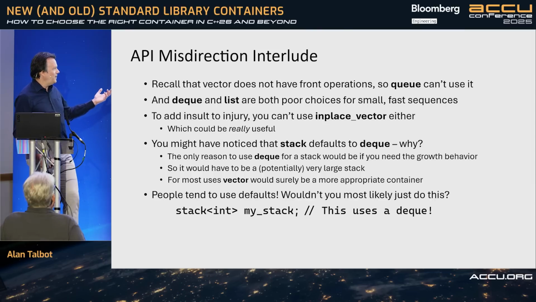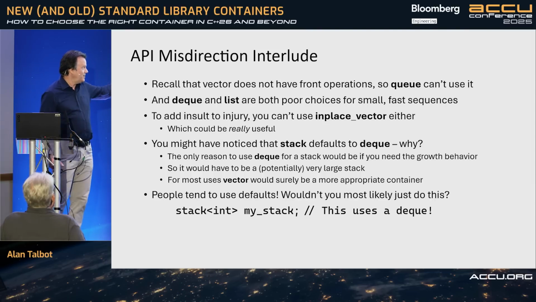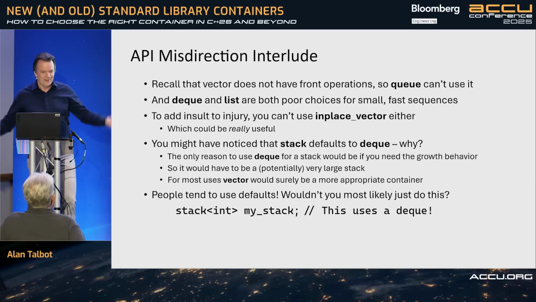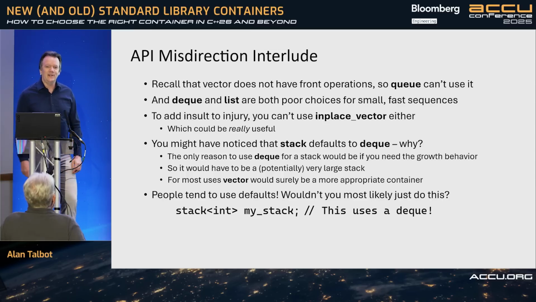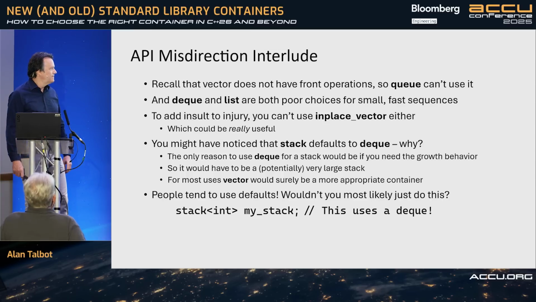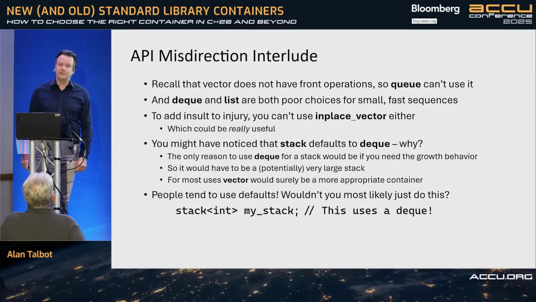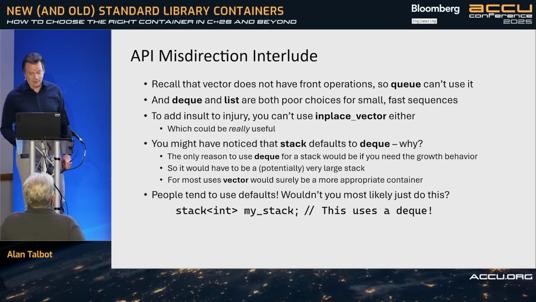And also, people use defaults. Wouldn't you just tend to write this? This gives you a deque and all that machinery and allocations and stuff behind the scenes. You might not have even realized what's going on. I don't know why, but it probably should have defaulted to vector, but it's been that way for a long time, since like '98 anyway, I think.